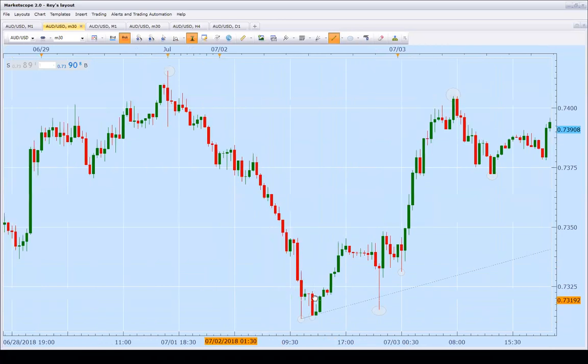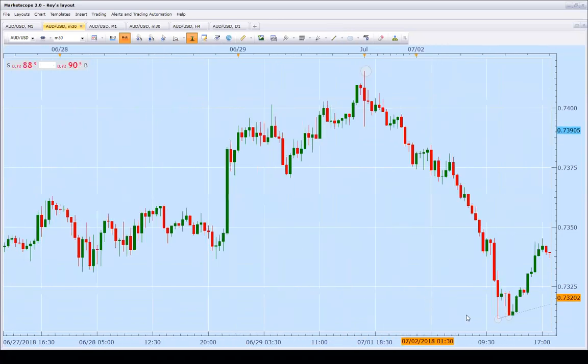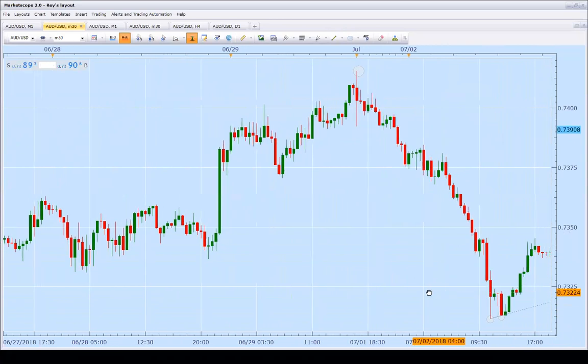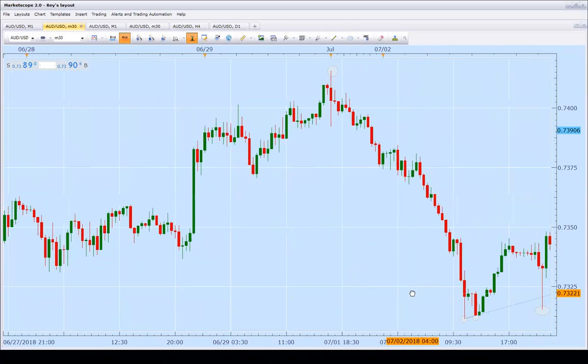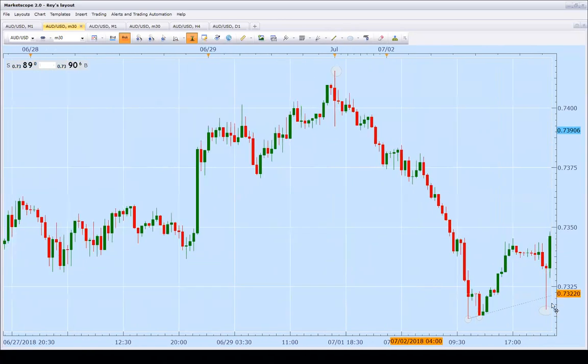Before that happened, over here, this is valid. Notice there's a lot of separation from the price all the way down to the uptrend line. What it means is that at one point in time, somewhere, sometime, it is going to be tested, which it did basically from here.